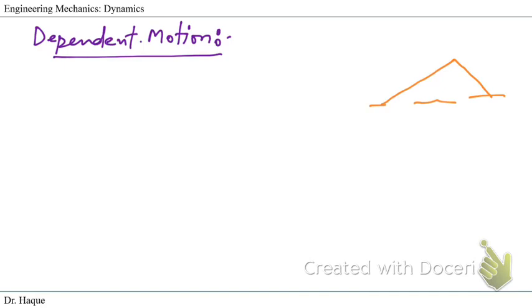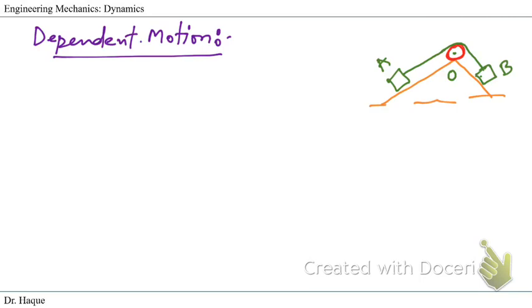One block is A, which is tied to a roller pulley here. And then another object is here, which is B. It just goes over there. So that's A, B. We can call the fixed point here O, or fixed point.